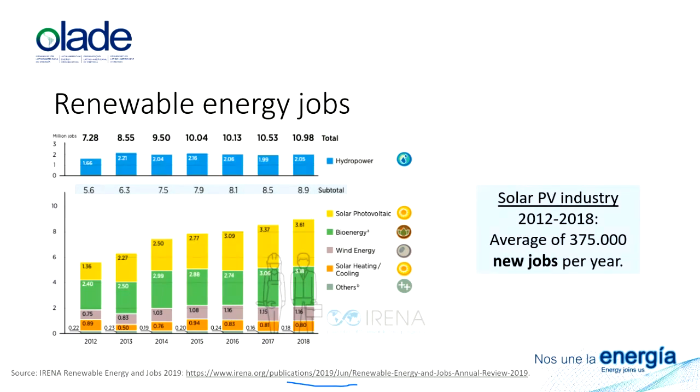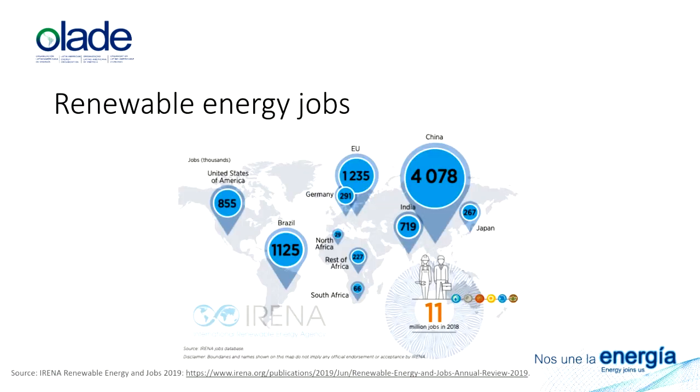You can see it in comparison to other renewable energy technologies. Of course, there is growth, but the most growth in job creation comes from solar PV, which is, of course, most of the distributed generation installations.